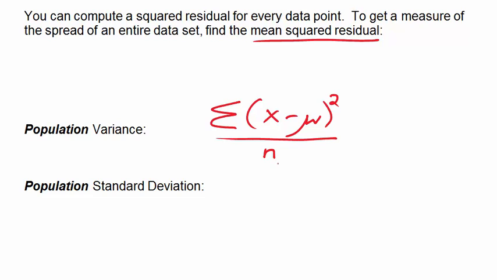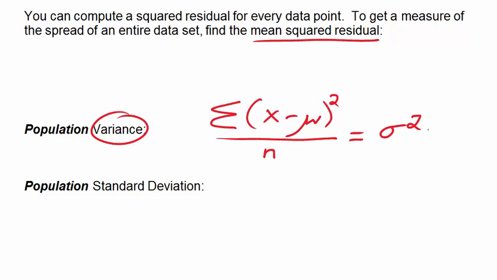That's all I'm doing. It's like a mean squared residual, and that is something called population variance. Population because I'm dealing with the population mean, and our symbol for that is another Greek letter, sigma, and I'm going to square it, and the square is just representing that I'm dealing with these squared residuals.